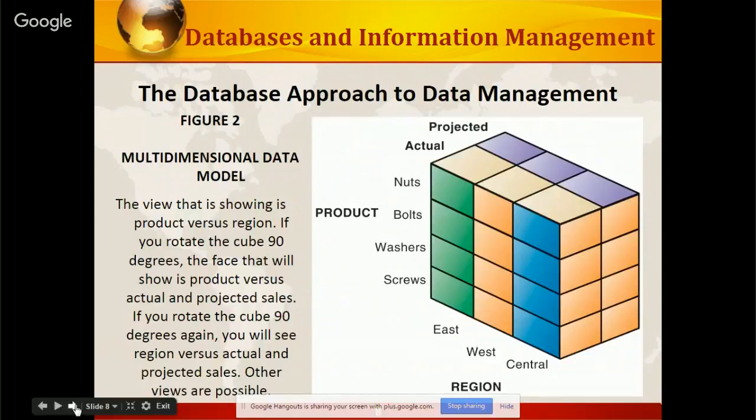If you notice, you have the different fields, nuts, bolts, washers, screws, and they're also connected to whether it's east, west, or central, different places in the region that you may have different actual information about those items. So the database will give you information about the different, maybe the stocks, the amount you have on hand, and all that, but you can also get it by region, which is very important. So you're not limited to just your region.